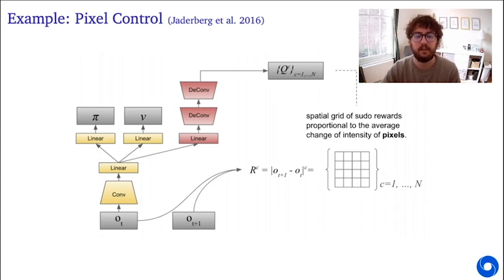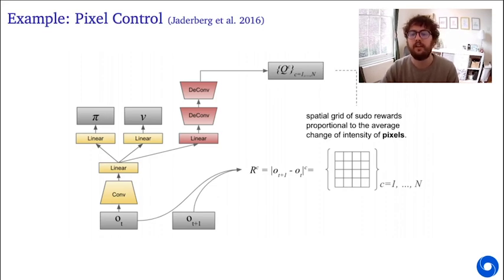But additionally, 400 distinct cumulants are constructed as the average change in intensity of pixels between consecutive observations. And then an additional head is connected to the hidden representation from which we make value and policy predictions, just after the end of the convolutional stack. This auxiliary head is then trained to predict GVFs for each of these 400 cumulants.